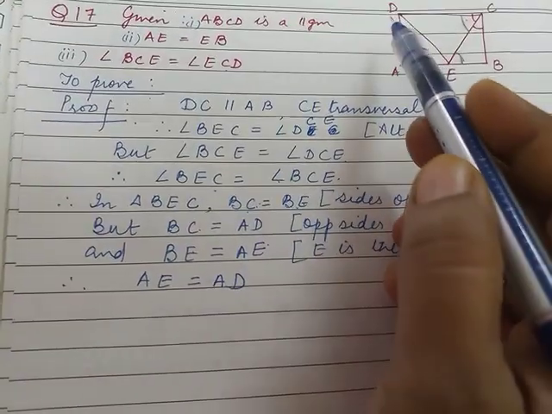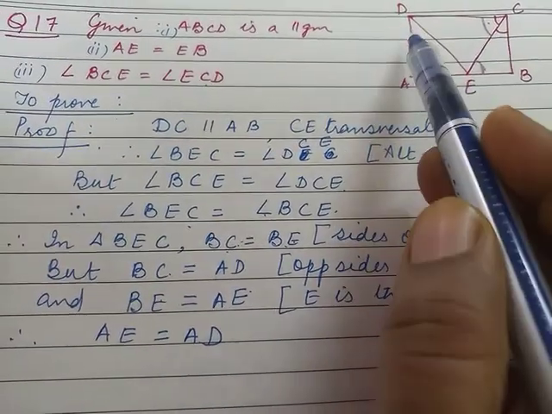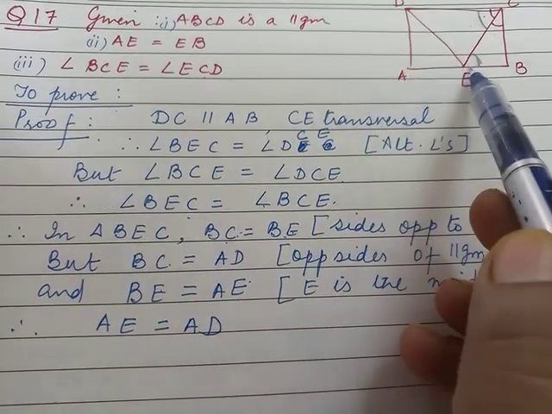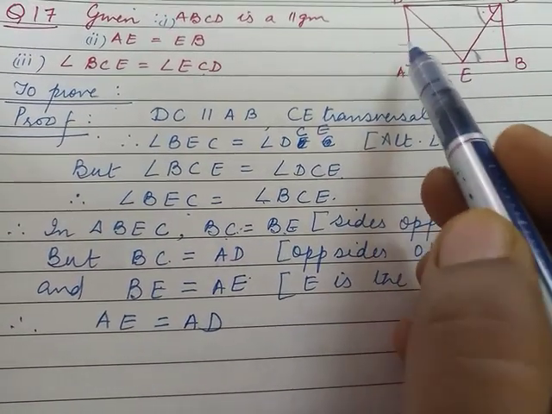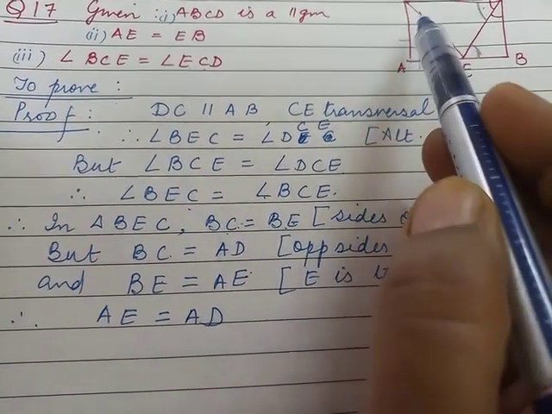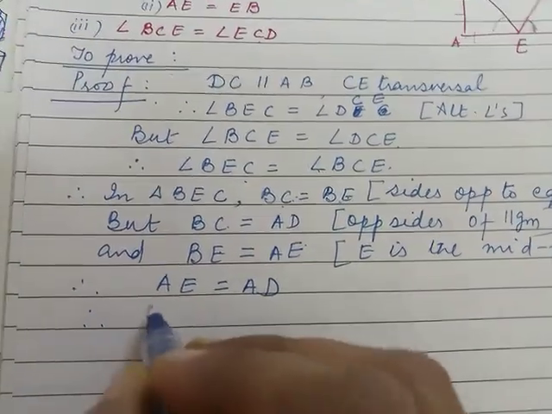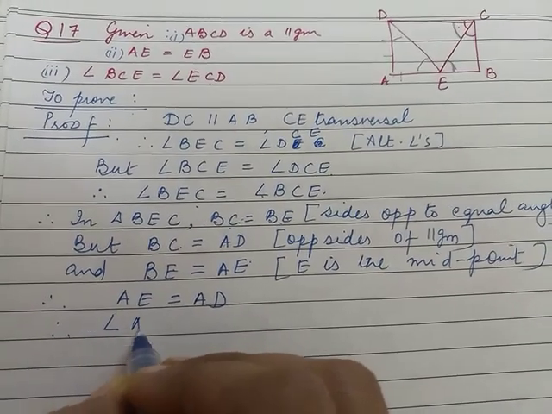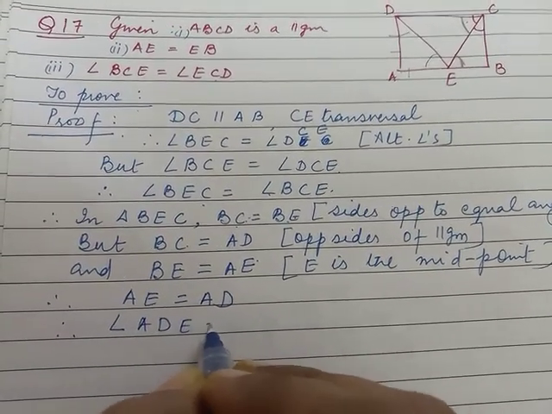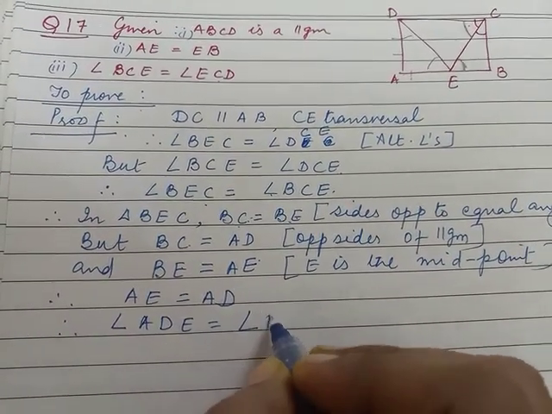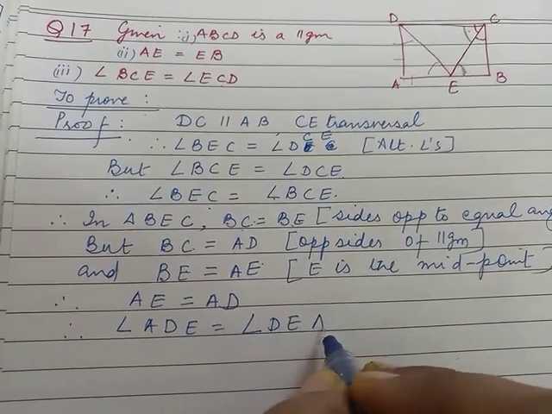Now AE is equal to AD. So in triangle ADE, if these two sides are equal, then their opposite angles are also going to become equal. So we'll write here, therefore angle ADE is equal to angle DEA.